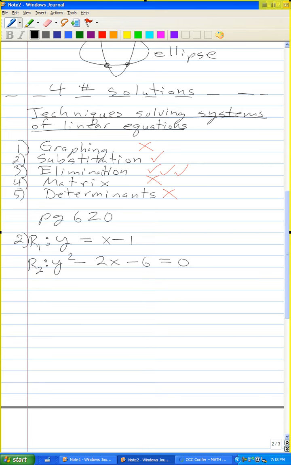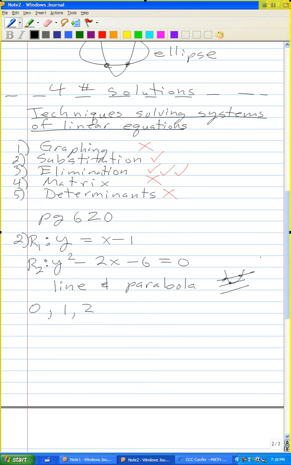You notice that R1 is just a line, and R2 is a parabola. So you have a line and a parabola. You could either have no solution, one solution, or two solutions.